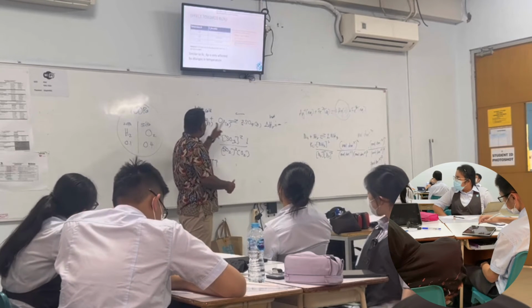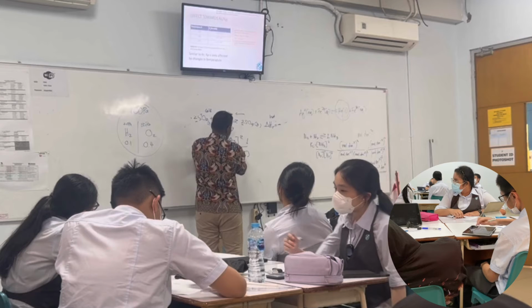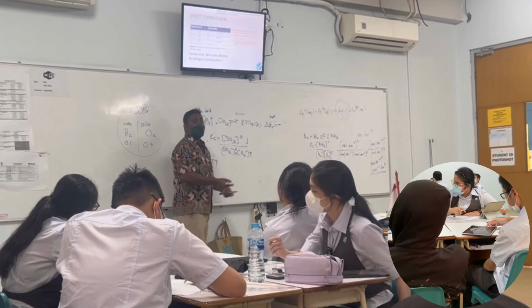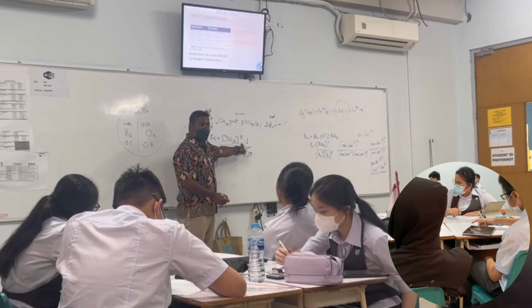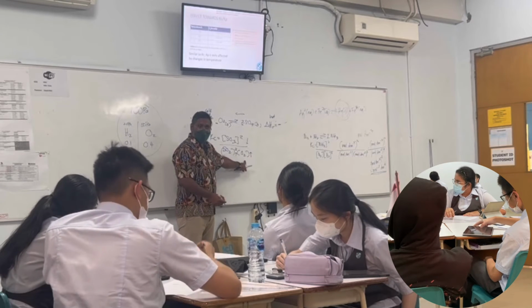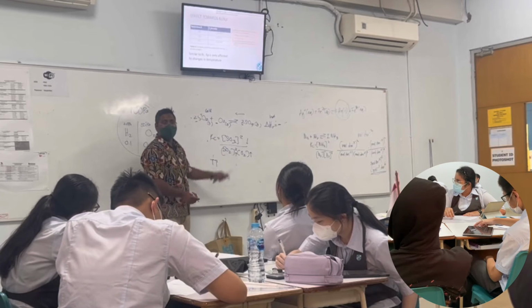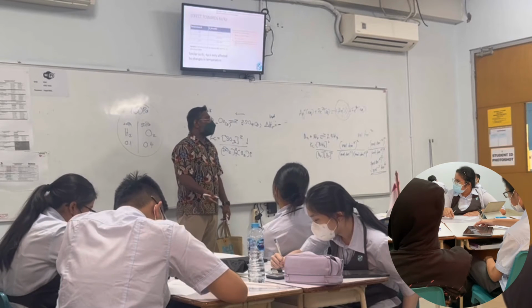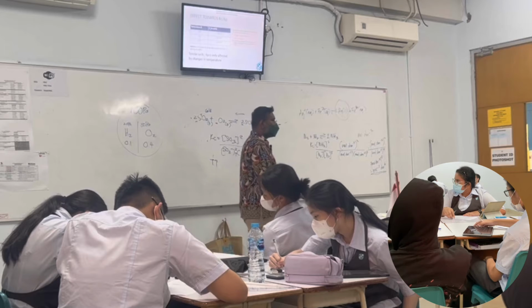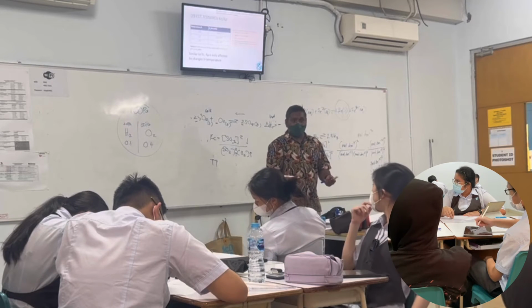You are forming more SO2 and O2. If you replace with numbers, this number is getting smaller, divided by bigger numbers, what do you expect the Kc will be? It will become smaller, okay? Kc value will decrease, okay? So you can expect from here.